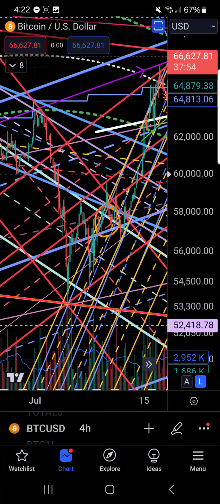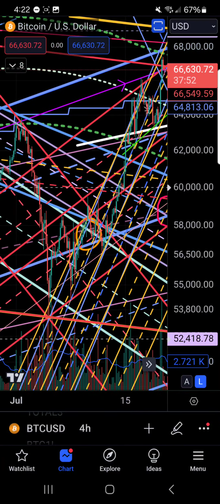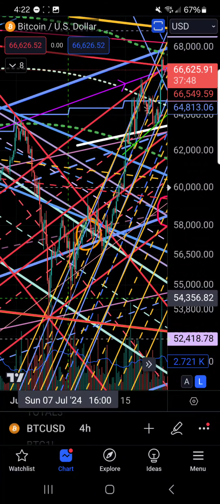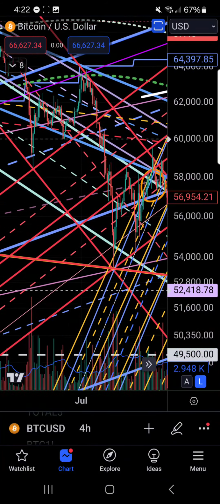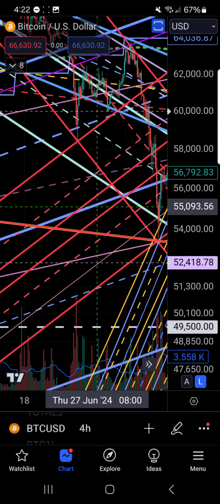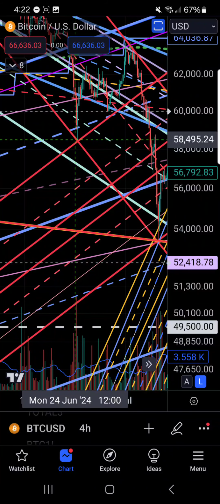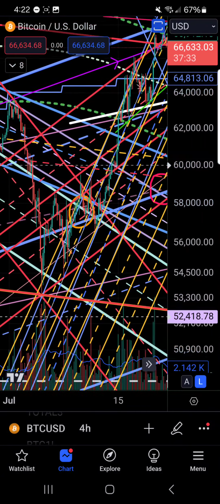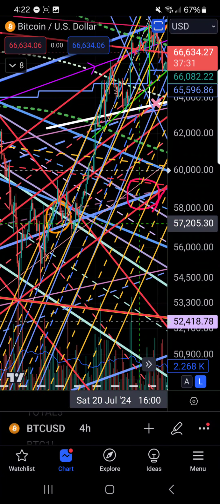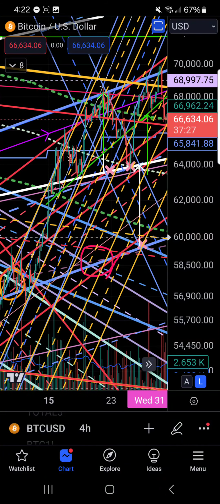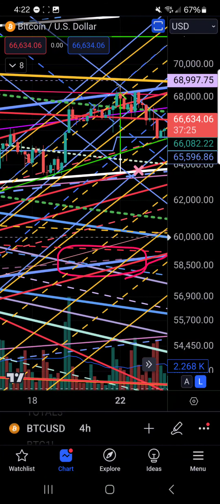The red channel, of course, takes into account this dump that we had on the 4th of July, and this lower wick here. Anyway, they all take in various points. That's on the 24th of June. And you can see how price action has traveled in these if you can see through all the various lines.